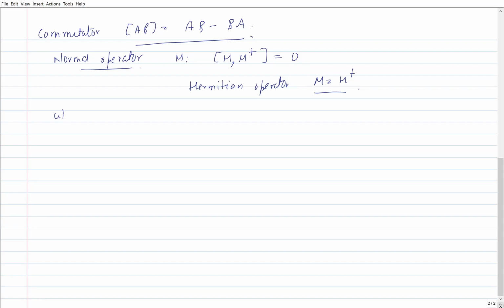So why are normal operators important in linear algebra?